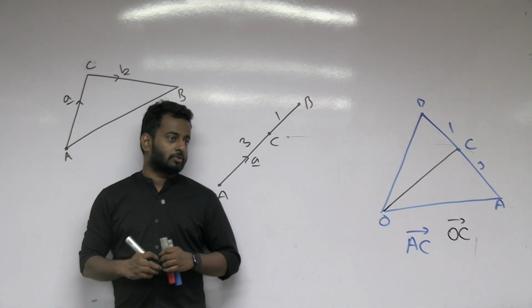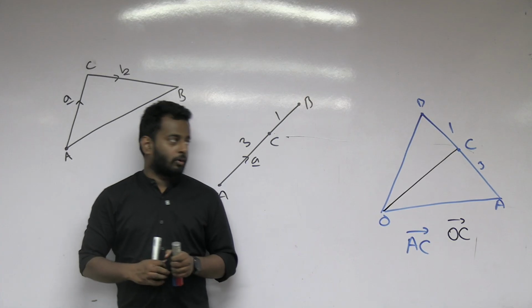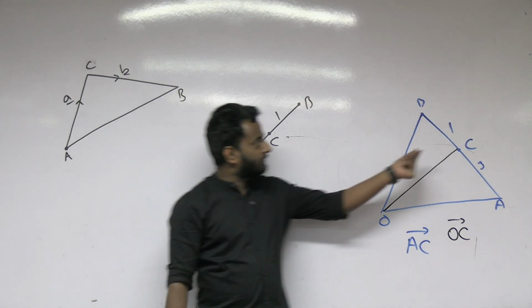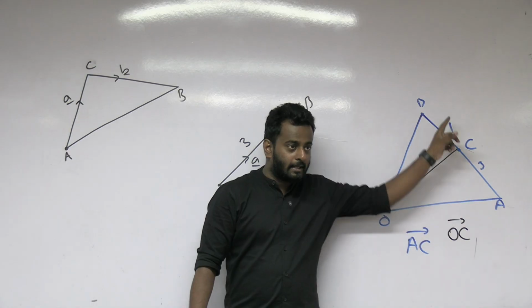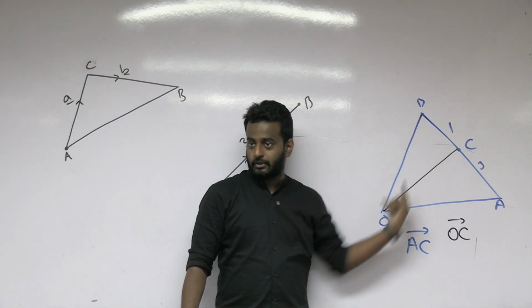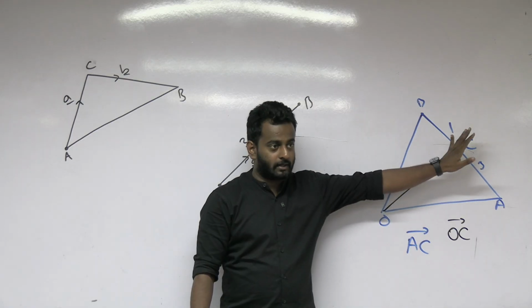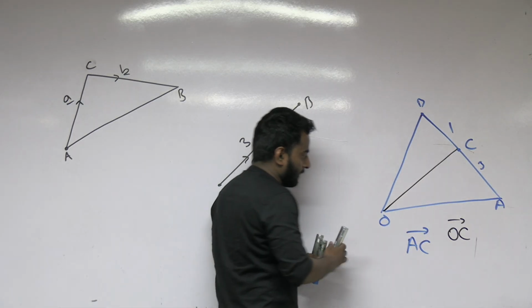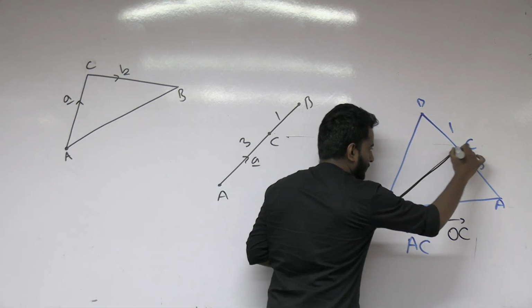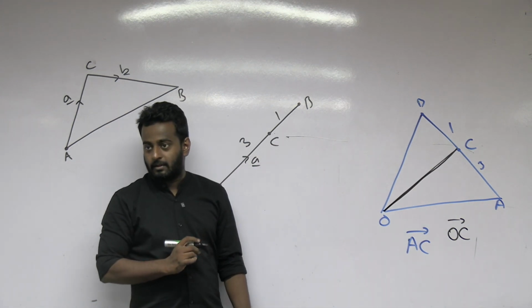Anyone who's saying that's a portion of a vector? Now you might get an idea like this, because C is in the middle of A and B. Is OC a portion? No, OC is not a portion. C is a midpoint of A and B. That's correct. But the vector OC is a complete vector. Do you get that? Right.